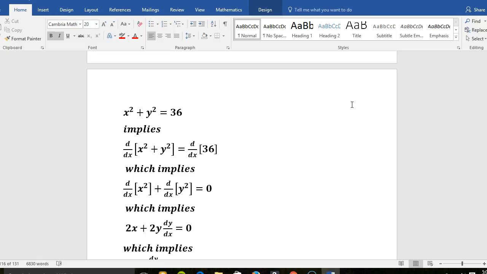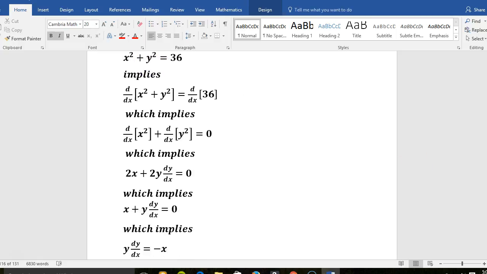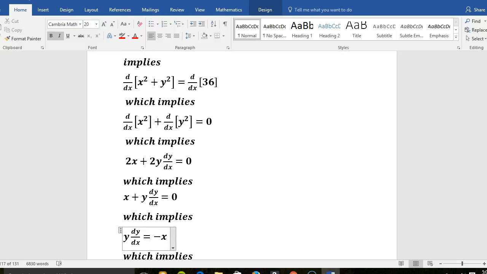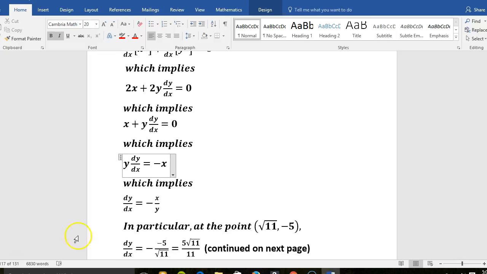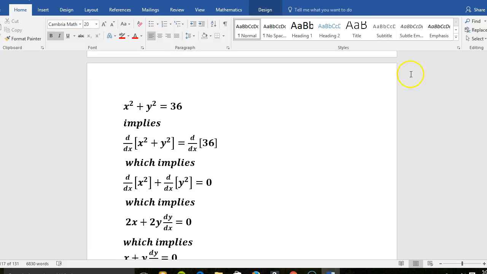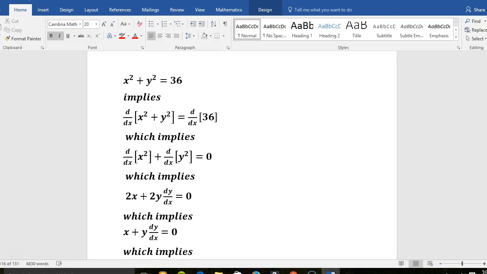I guess there is that one situation where we could have x equals 0 and y equals either 6 or negative 6. But as long as x is not 0, we have this guy. We don't want y to be 0, my bad. If y is 0, x would be 6 or negative 6. So we don't want y to be 0.